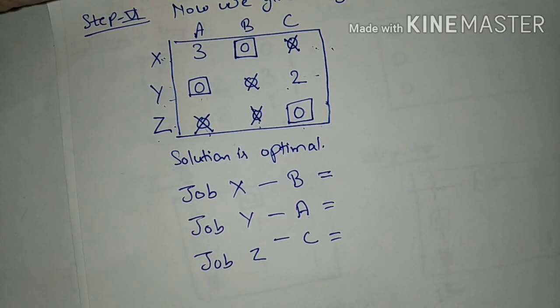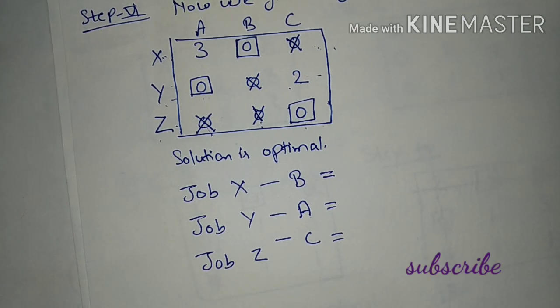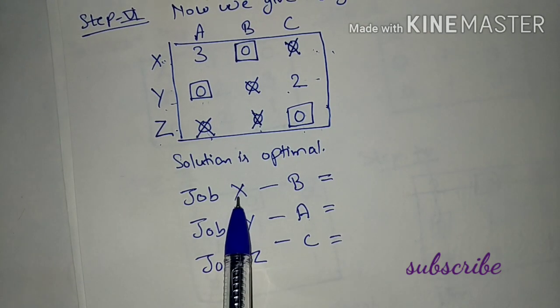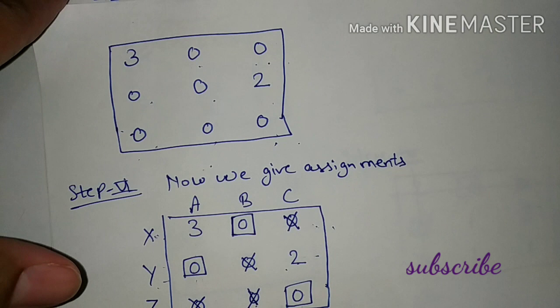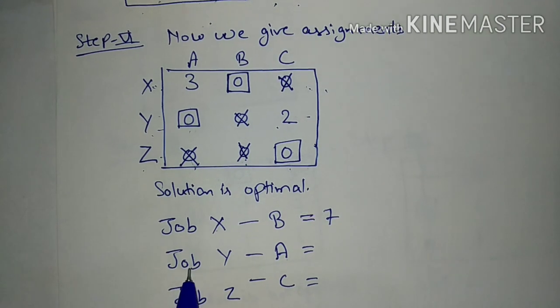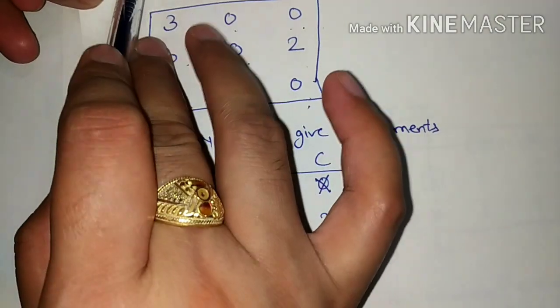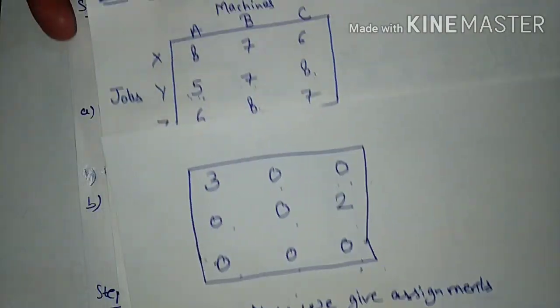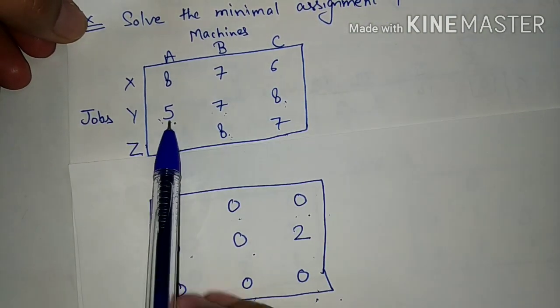For the calculation of minimum time, take the reference of the given matrix in the question. Job X for machine B, time is 7. Job Y for machine A, time is 5.